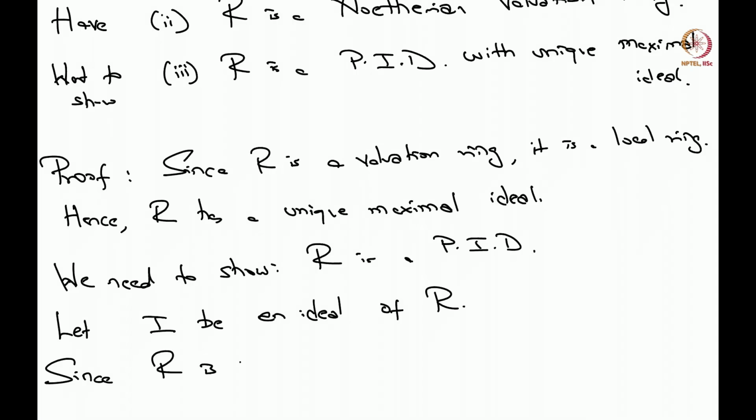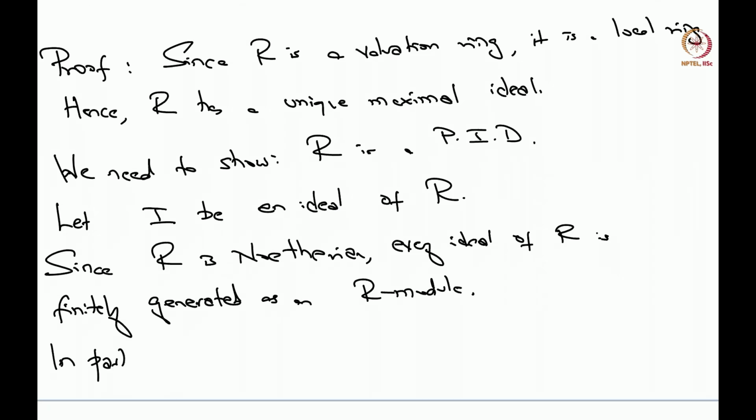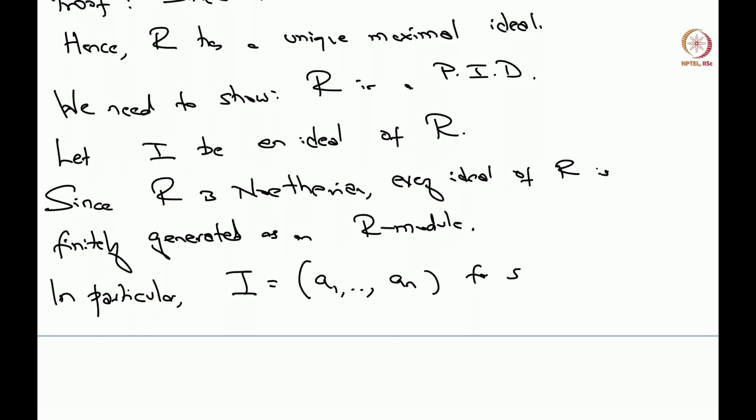Since R is Noetherian, every ideal of R is finitely generated as an R module. And so in particular, suppose you write I as being generated by A1 up to AN for some elements A1 up to AN in R.